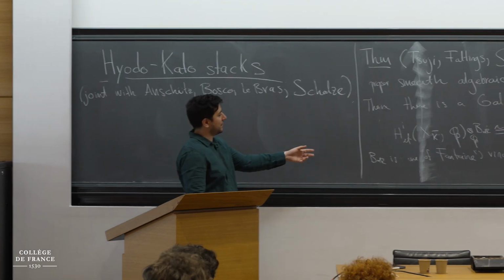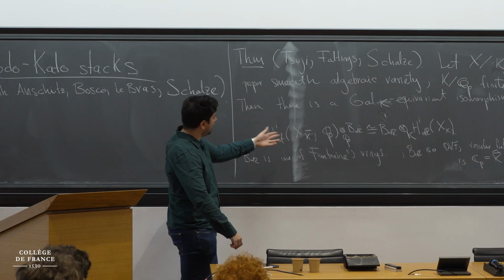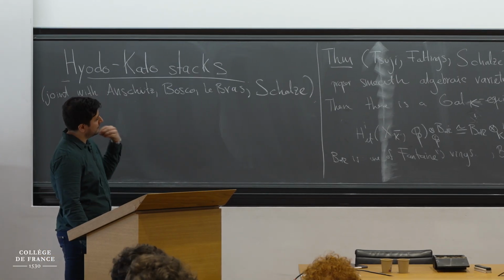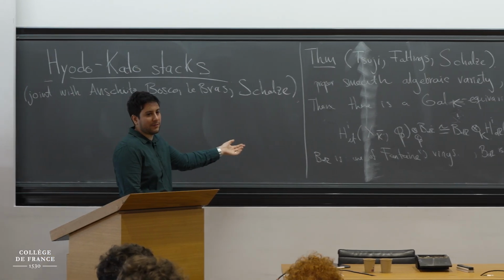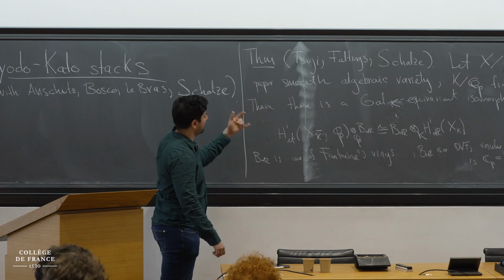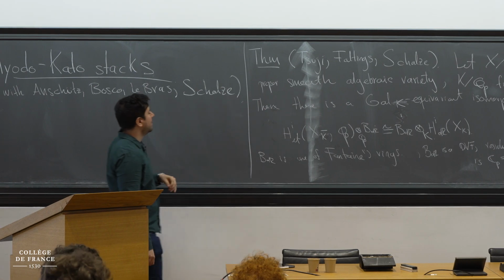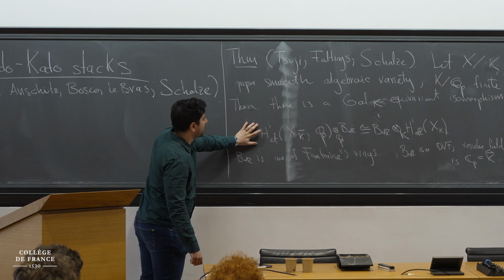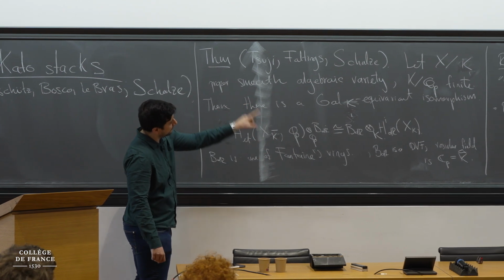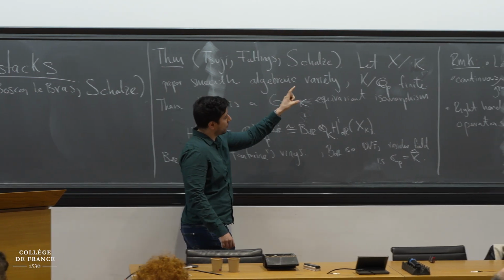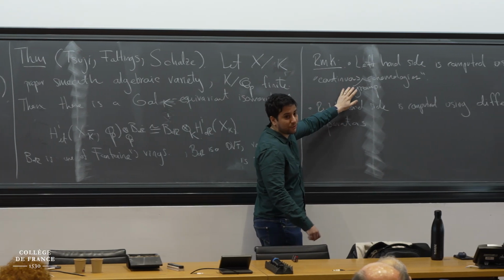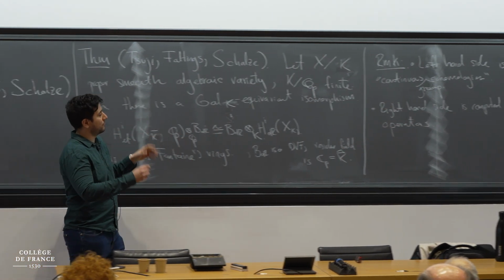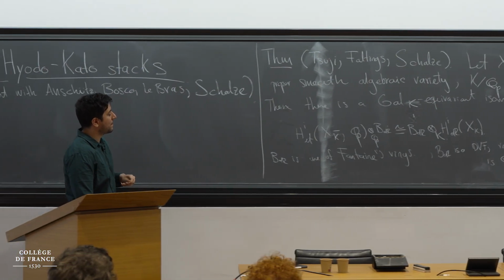If you replace this with Betti cohomology, this becomes almost a tautology, meaning that it's a quite simple theorem just coming from some kind of Poincaré lemma of integrating functions locally, which is quite simple, at least nowadays. This theorem actually is very deep. It's comparing two very different kinds of cohomologies: one associated to continuous group cohomology, the other one associated to differential operators. We could imagine Lie algebra cohomologies and so on.